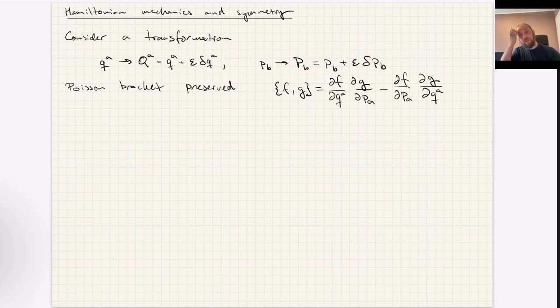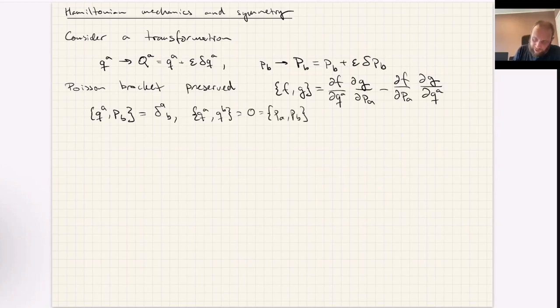So that's the definition of the Poisson bracket. The Poisson bracket being preserved, well, if we just take the coordinates themselves, so qa, pb, that should be delta ab. If you take the Poisson bracket between two generalized coordinates, that's 0, and that's the same as if you take the Poisson bracket between two of the canonical momenta.